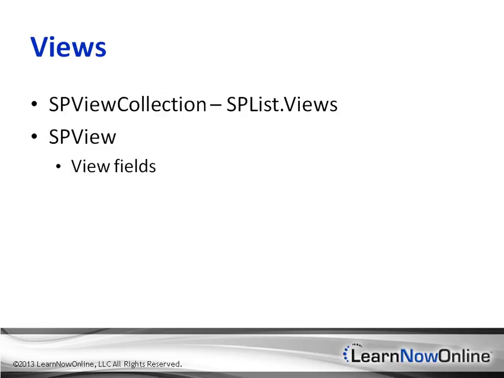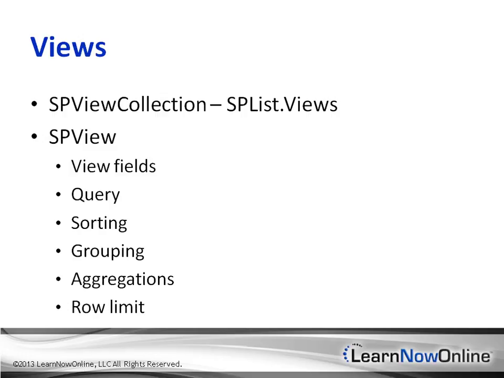So view fields, that's the fields that show up in the UI in whatever order they've been set in the view fields property. And then the query, that's used to do any filtering that you want to have in your view. And you can use sorting if you want your view to be sorted in a certain way. Same thing with grouping, aggregations. You can set a row limit, so maybe you only want to display 20 items in your view.